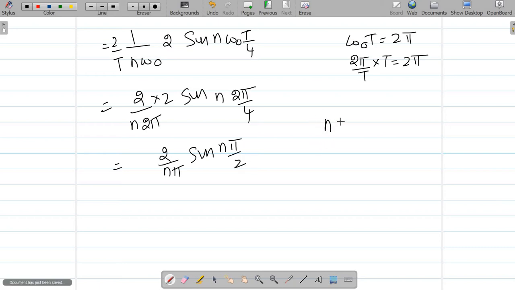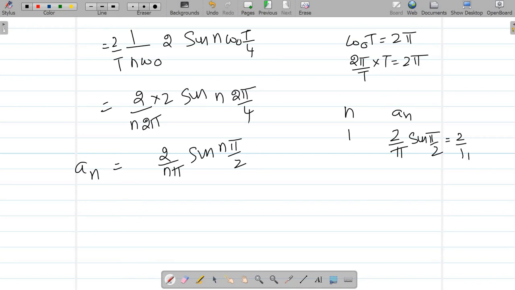So when n is equal to 1, the value will be the an. Let's make a table. So we have n here and an here. For 1 it will be 2 by pi sin pi by 2, which is nothing but just 2 by pi.